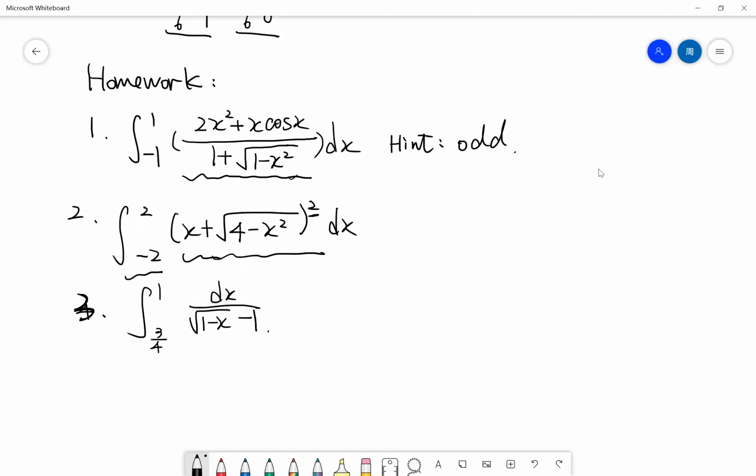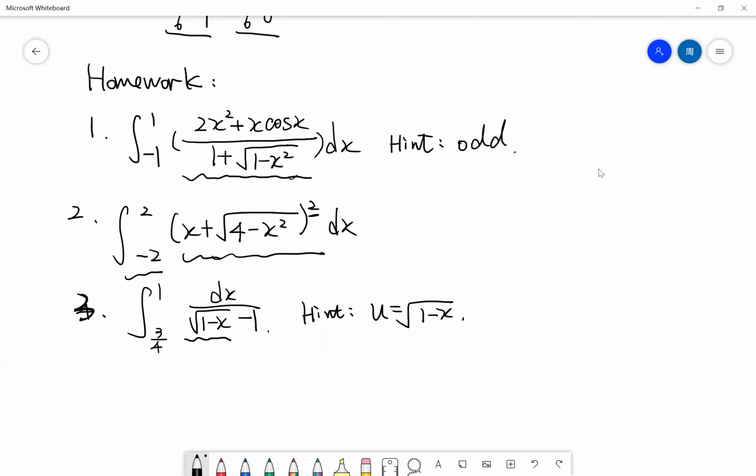And number three, here, maybe you cannot work it out directly, but the hard part is square root of 1 minus x, right? So we can use substitution rule here to let u be square root of 1 minus x, and then solve this definite integral.